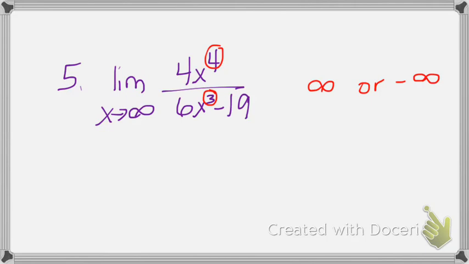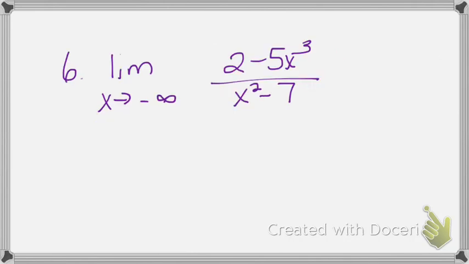So 4 times a really big number to the 4th, I know that would be infinity. 6x to the 3rd, well, that would still be a big number, and it'd be positive. And so subtracting a 19 from a big positive number would still be positive. So that means infinity will be my answer and not negative infinity.